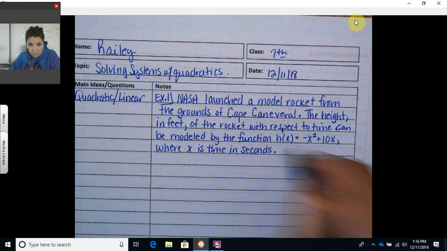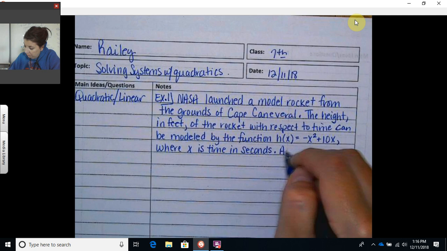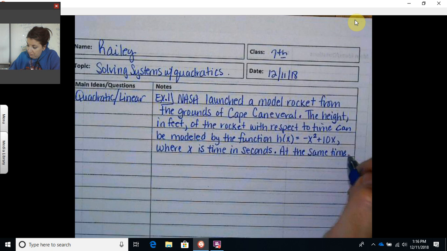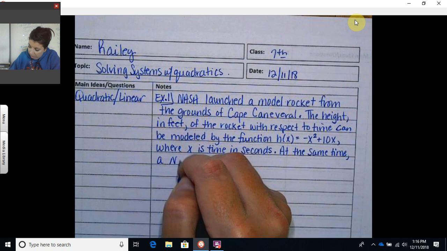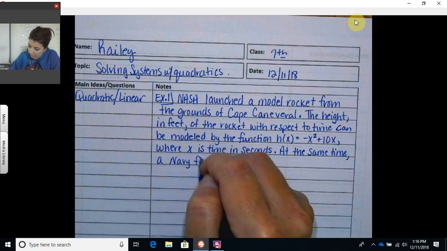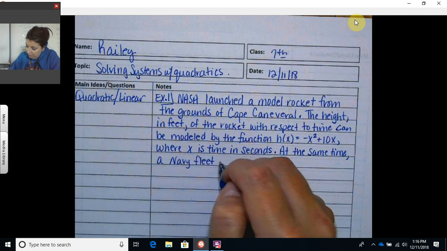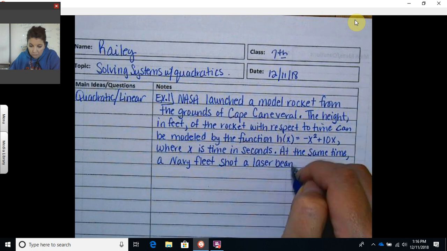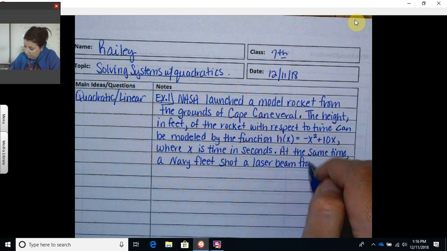At the same time, a Navy fleet shot a laser beam from a deck 14 feet above sea level.